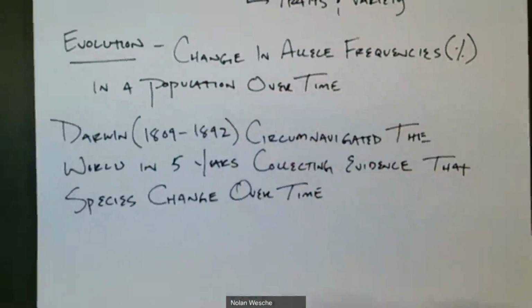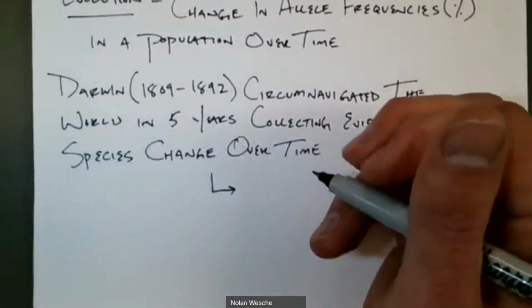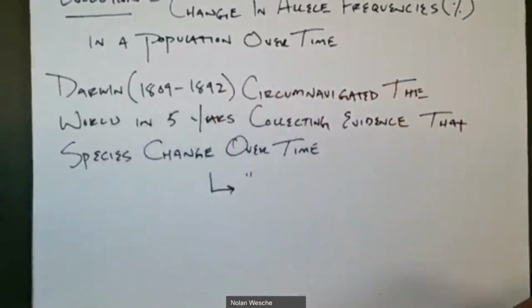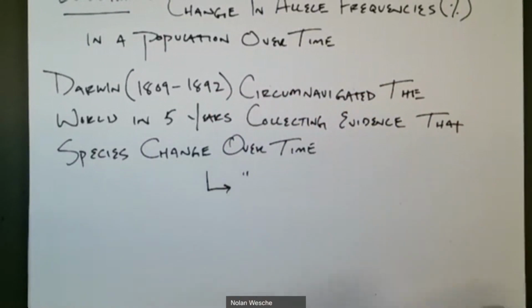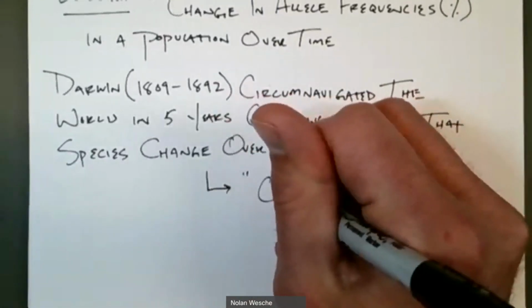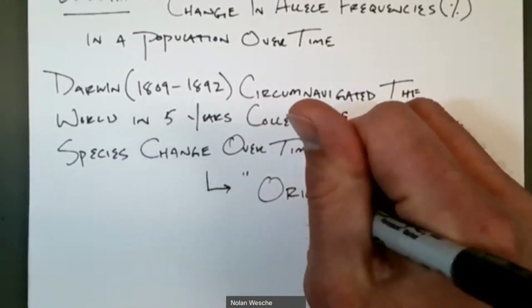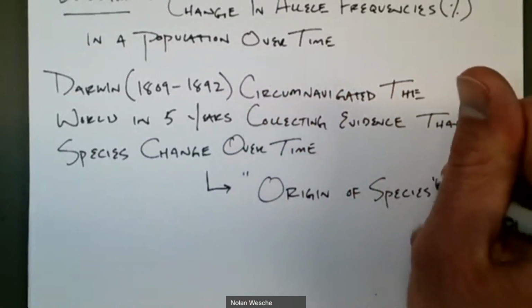So he comes home and he actually publishes a book. He actually waits a long time until there's some other individuals with some similar pieces of work that are thinking the same ideas, and he goes ahead and publishes these ideas in what's called The Origin of Species, his book.